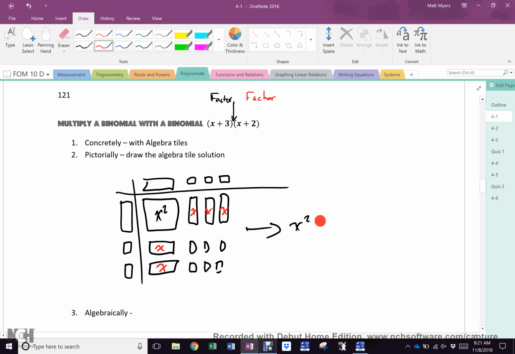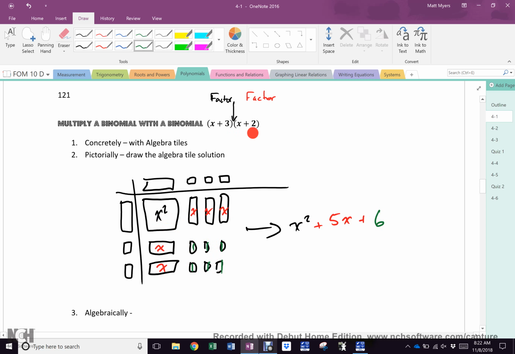How many x's? 5x plus 1, 2, 3, 4, 5, 6. Done. Right? There are no like terms there. X squared and x are not the same, as you can see from our drawing.